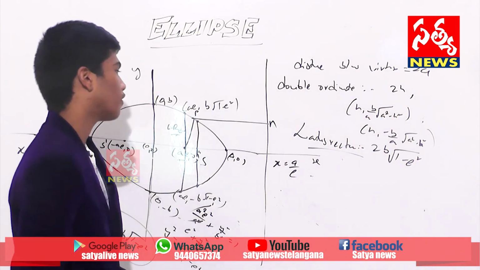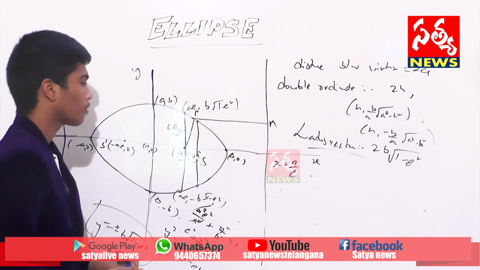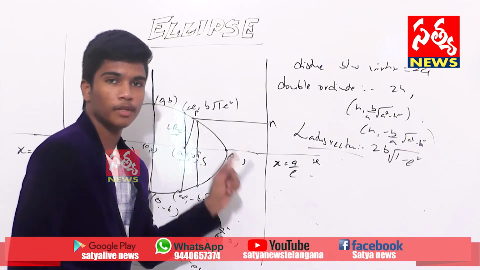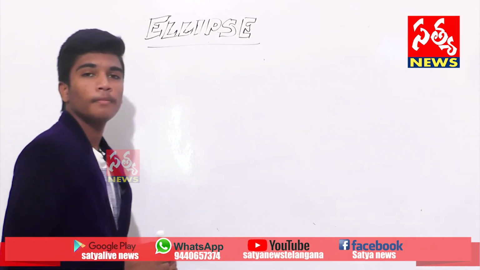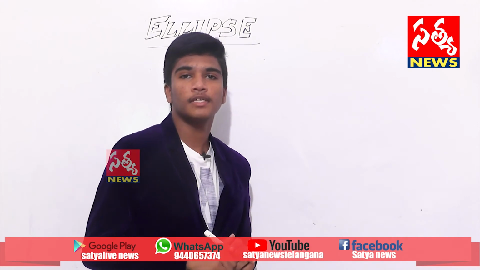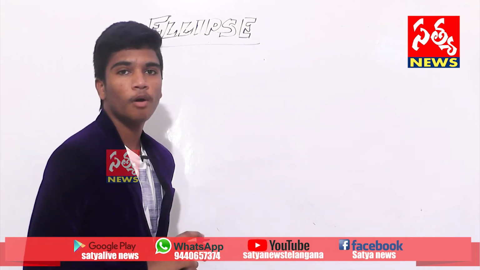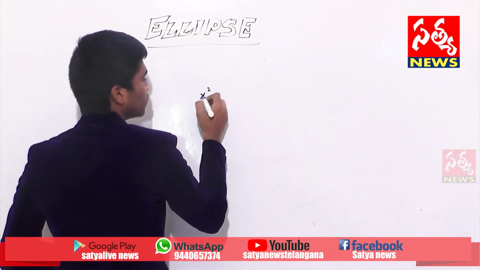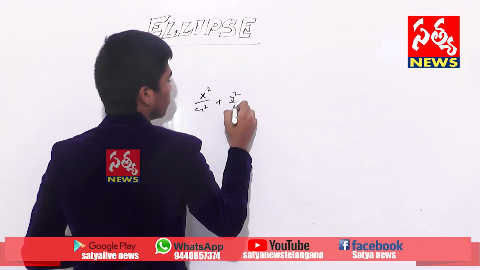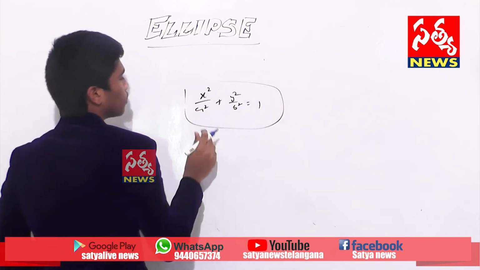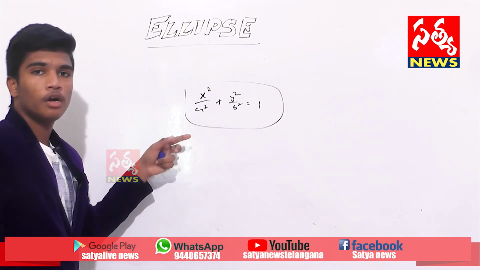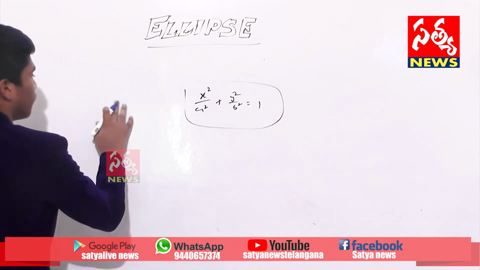Okay, this is the length of latus rectum. Please do remember all this. The previous equation we have discussed is known as general form or point form, which is x square by a square plus y square by b square is equal to 1.